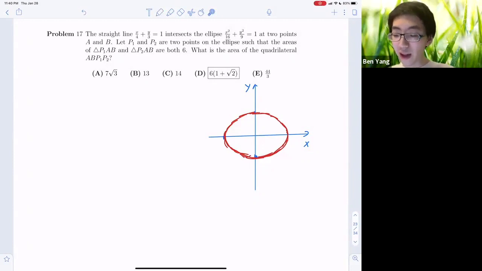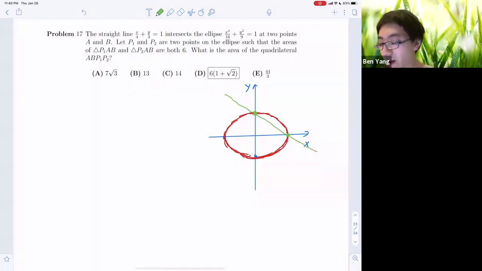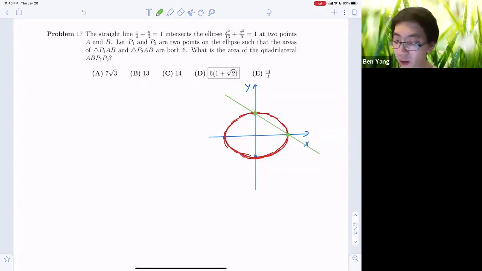Okay. So we have another line. The line is x over 4 plus y over 3 is equal to 1. We also notice that the point (4, 0) and the point (0, 3), those 2 points are also on this line. So let me draw the line there. It passes through 2 of the points there that are also intersections of the ellipse and the axis. Okay, so we have a line, we have the ellipse.